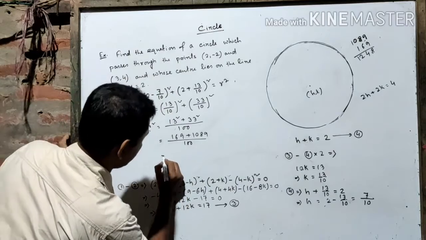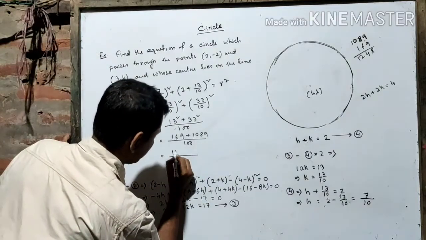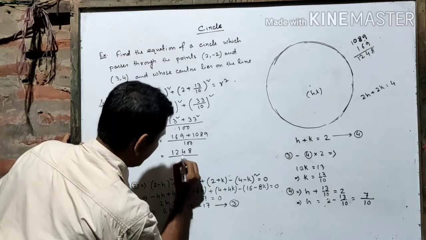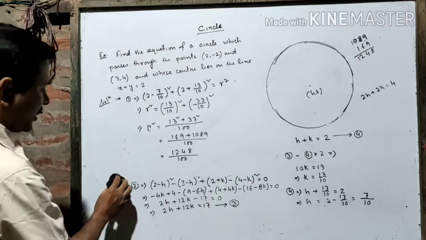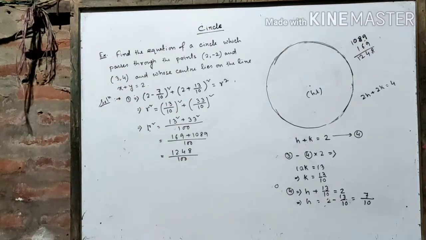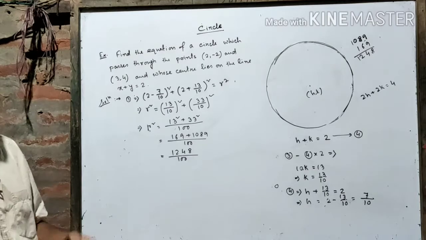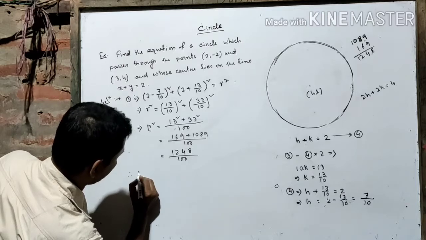On adding, 1248 by 100. So this is the value of r square. Therefore, on putting the value of hk in the considered equation x minus h whole square plus y minus k whole square is equal to r square, that was taken as the equation of the circle. Now we put the value of h, k and r there.